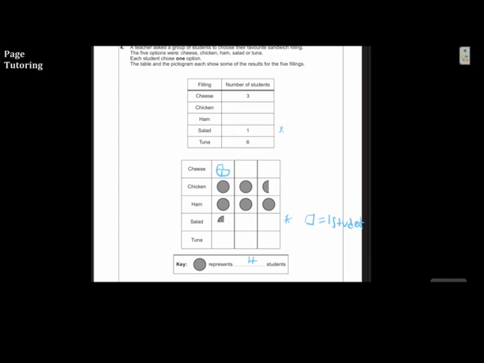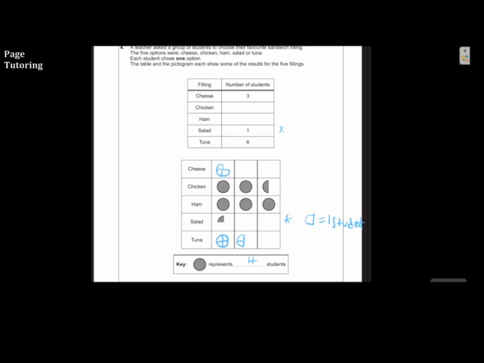And then for tuna, we've got 6. So that would be 1 full circle and then half a circle. Just to make sure, you could just draw in your lines so the examiner can see that you've put 4 quarters there, 2 quarters there. So we finished our pictogram.